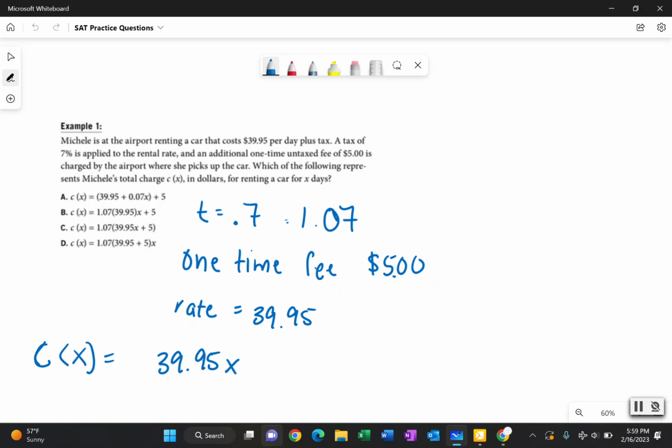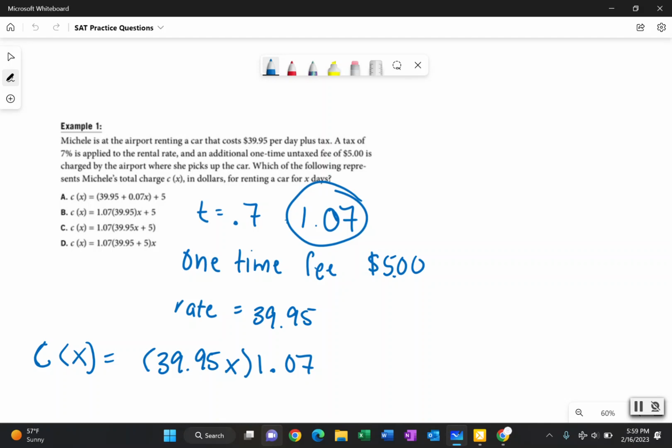Because that's how many times per day. Now, I do need to multiply this by 7%, but I need to make sure I add the additional 7%. So that's why we do the 1, because that's what it's based off of in the first place. So we're actually going to multiply this entire thing by 1.07.